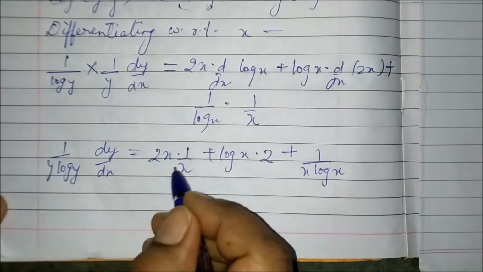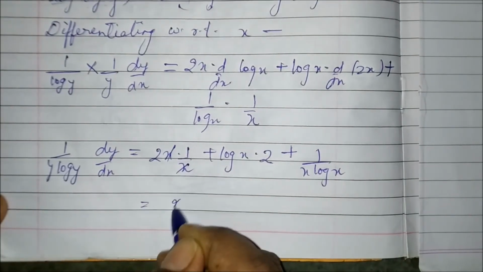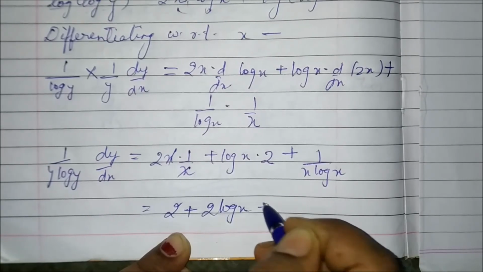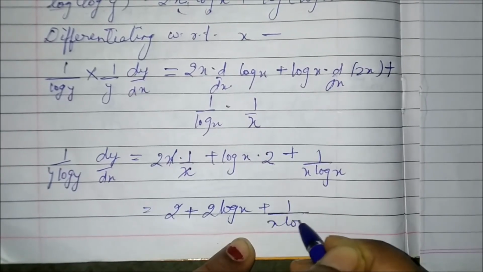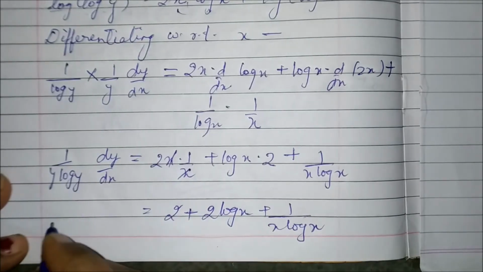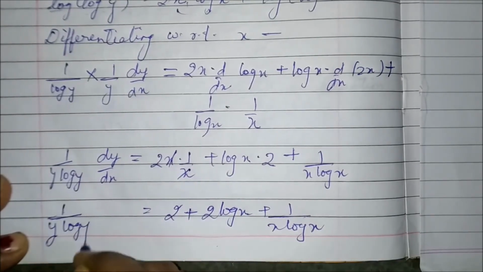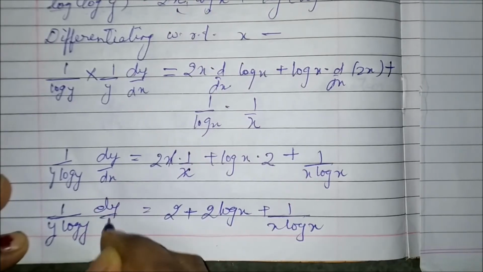Now this will cancel out. We get 2 plus 2 log x plus 1 upon x log x, and here it is 1 upon y log y dy by dx.